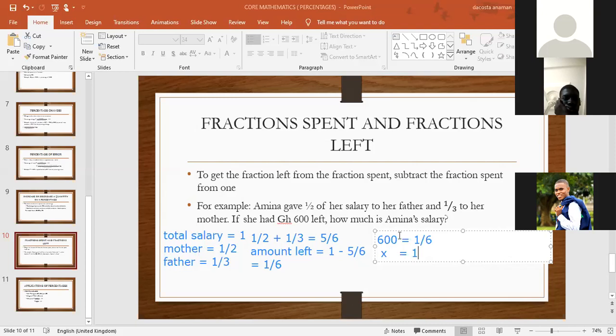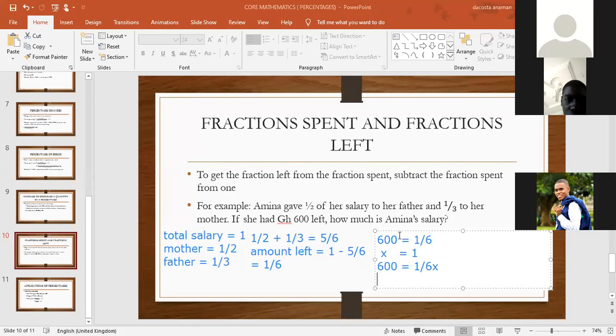And that will give us 600 by 1 is equal to 1/6x. So you divide through by 1/6, so that we'll be getting your x separately. So 600 divided by 1 over 6.